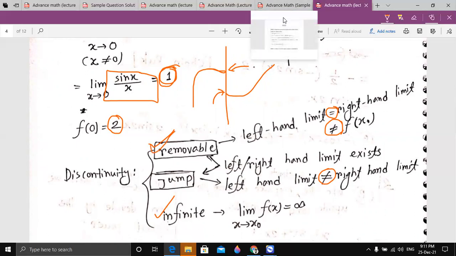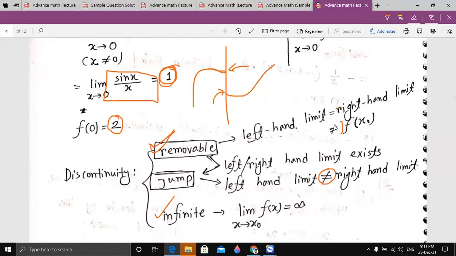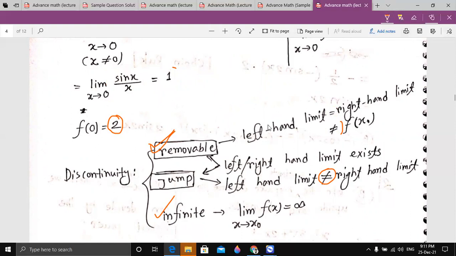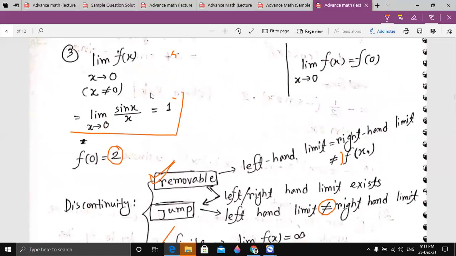How? Stuti, you don't understand? Okay, how come it's removable discontinuity? To find removable discontinuity, we have to see if the left hand limit or right hand limit is similar to the function value.